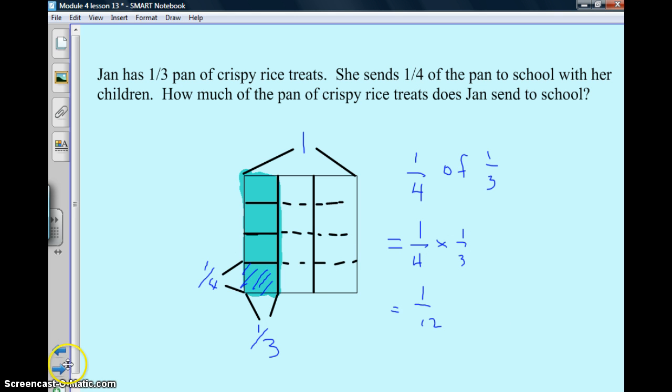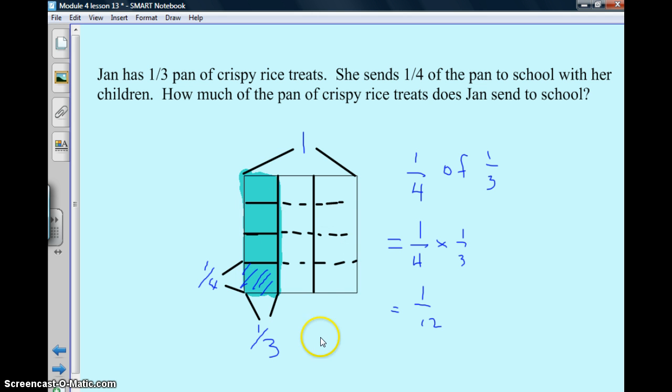Next one. Here we go again. Jan has 1/3 and she sends 1/4. So now we're looking for 1/4 of 1/3. So I cut this into thirds and then I cut it again into fourths. So how many pieces do I have? I have 12.